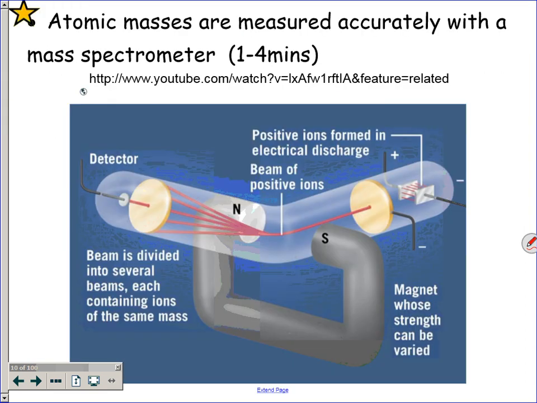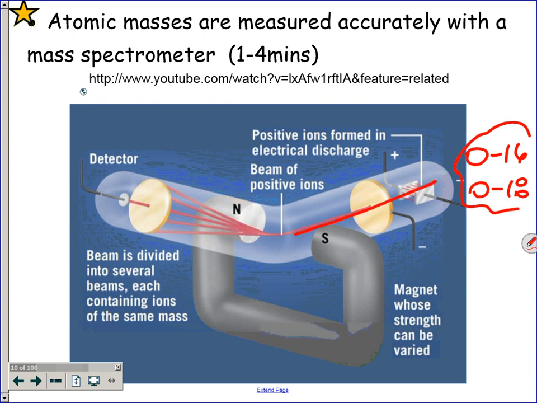You might remember the mass spectrometer, where we have this device where you throw a sample of gaseous atoms through. If I had oxygen 16 and oxygen 18 in that mixture, and it was put through this device called a mass spectrometer, which of the atoms or isotopes would be deflected more through this magnetic field? 16.